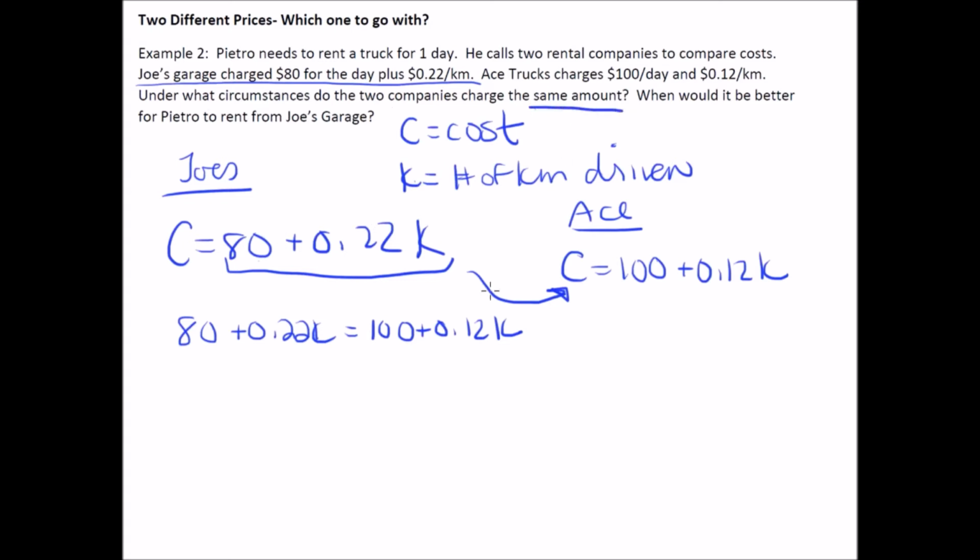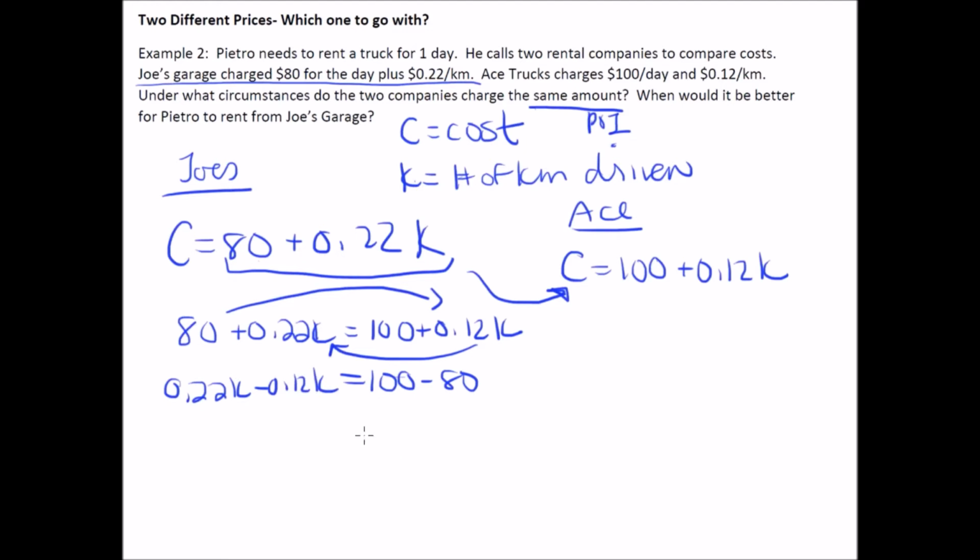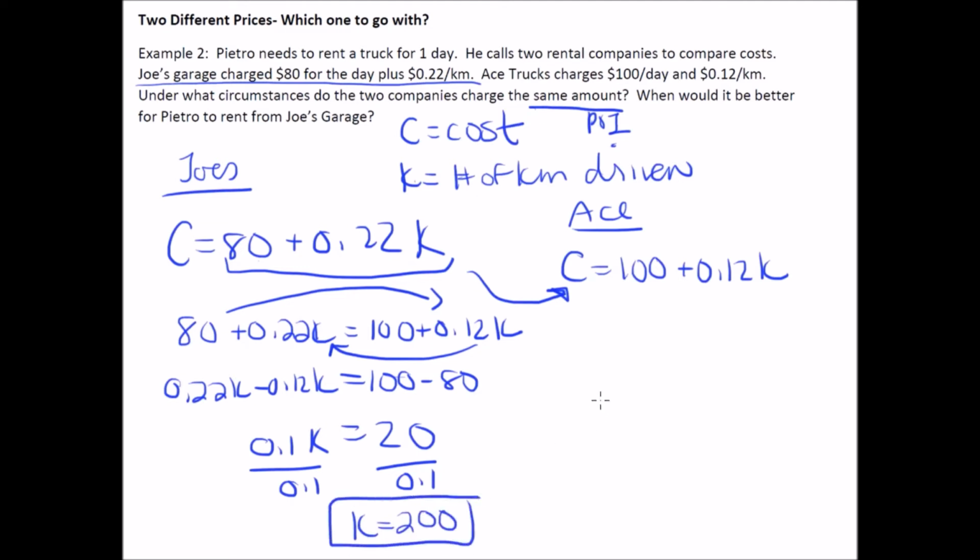Okay, same amount, that is the point of intersection. That's what that's asking for. So let's bring that 80 over here. We're going to get 100 minus 80, and we're going to get 0.22k minus 0.12k. Okay. And when we divide this out, we're going to get k equals 200.